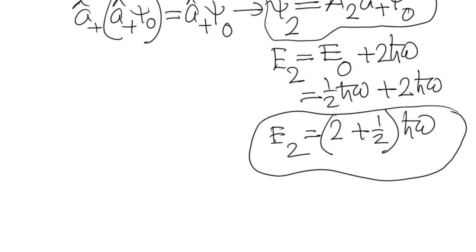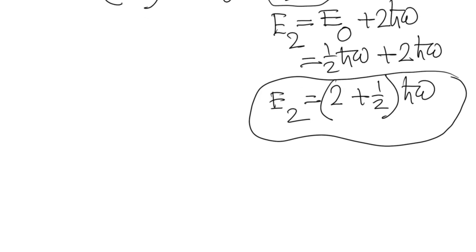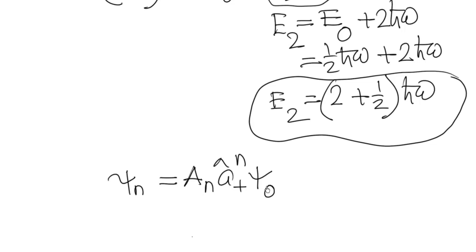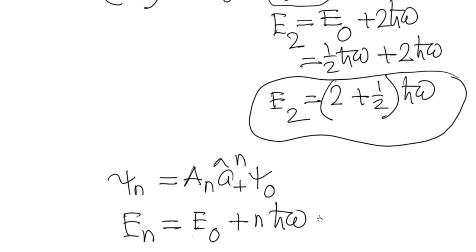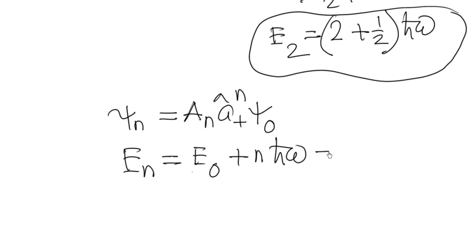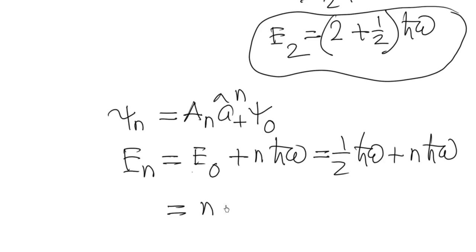Similar to this, if we continue doing this, then we can write down the wave function of the nth excited state as a constant An times A plus to the power n psi naught, and En we can write as E naught plus n h cut omega, which is half h cut omega plus n h cut omega. We take h cut omega common, then it is n plus 1 half h cut omega.